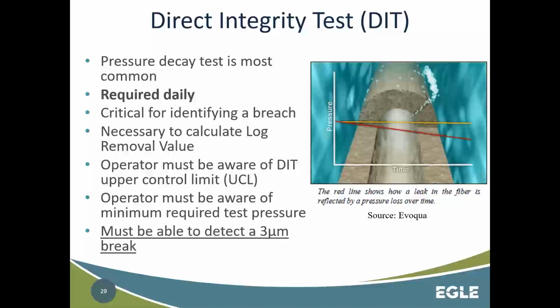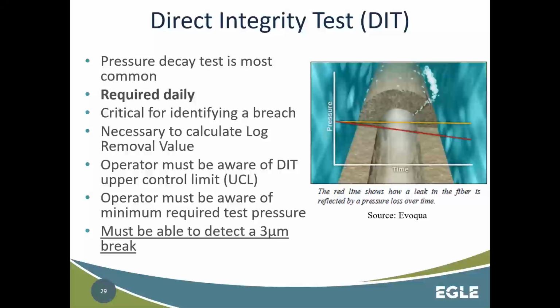And if there is a hole in it, as you can imagine, that pressure will decrease. And just like with a water main pressure test, with a membrane pressure decay test, there is also an allowable amount of leakage. We can tolerate some, but as an operator, you must be aware of what that limit is.